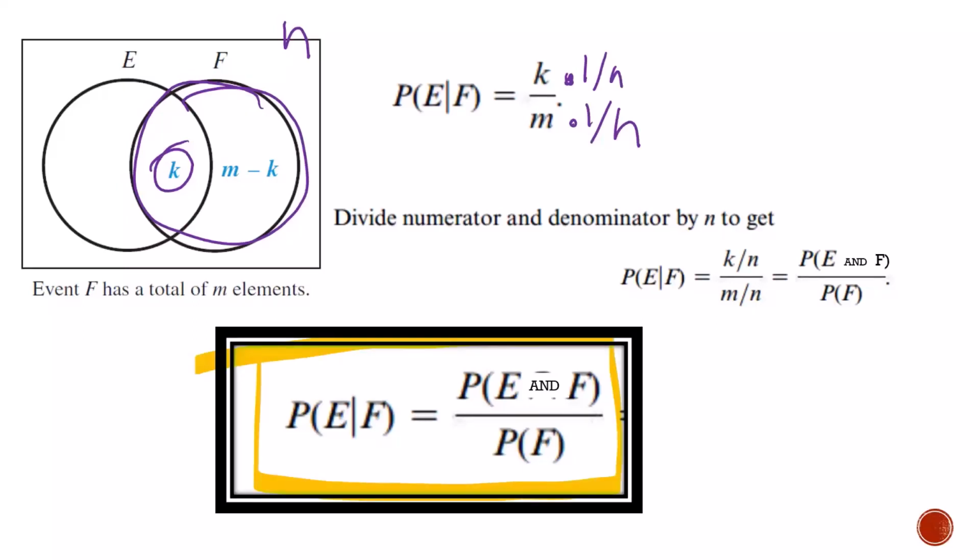And to help you with the structure, notice this F, the event on the bottom, is also the event on the right. You divide by the probability of F, because that is the unit, that's what Marx called the bubble. That's the bubble you're living in. So you need to account for the size of that bubble. So this is the intuition for it.